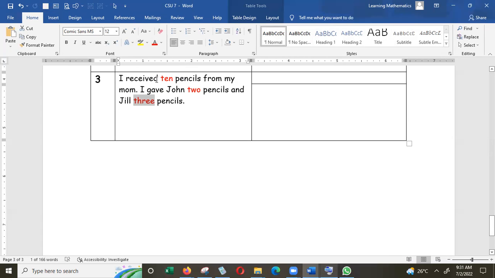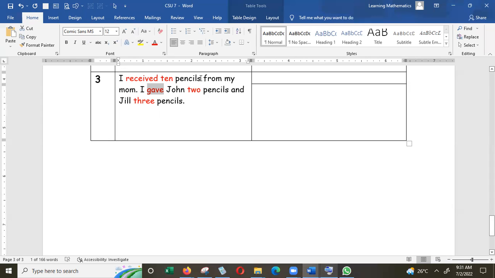Now, you may not see it directly, but received is also communicating quantification, because you're receiving an amount. Give has its symbolic translation because it communicates quantification.